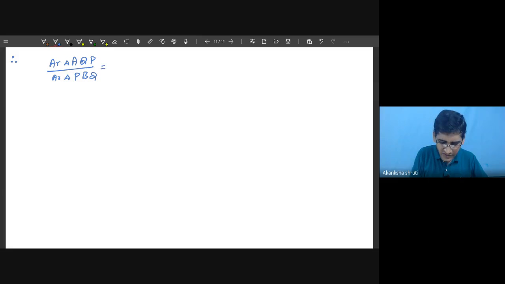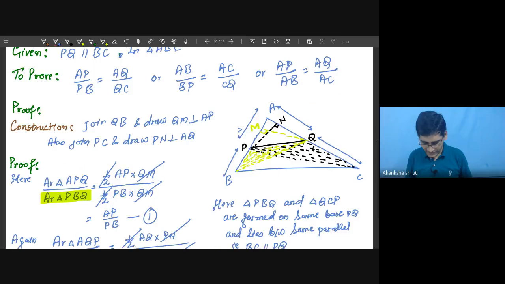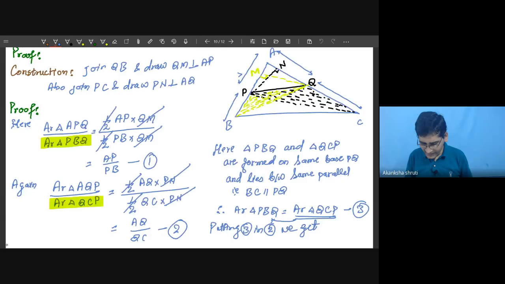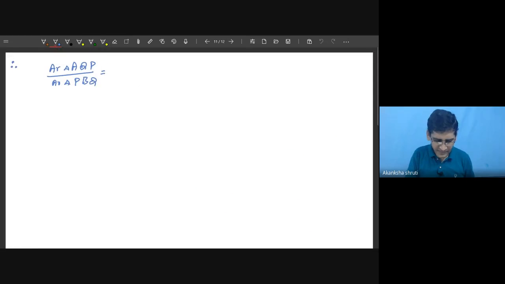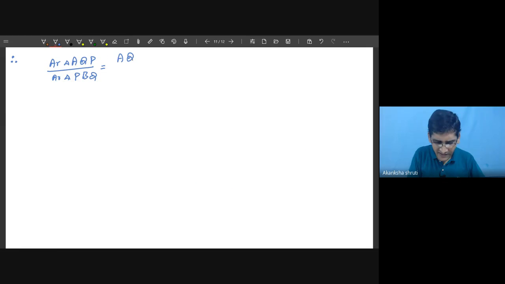This is also the same as whatever we have calculated, AQ by QC. Now, student, you have to compare this one from the 4.